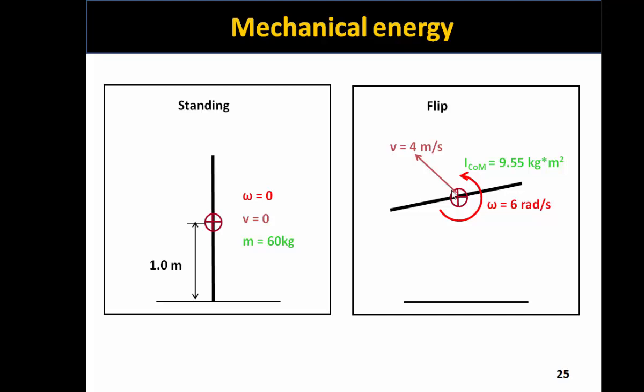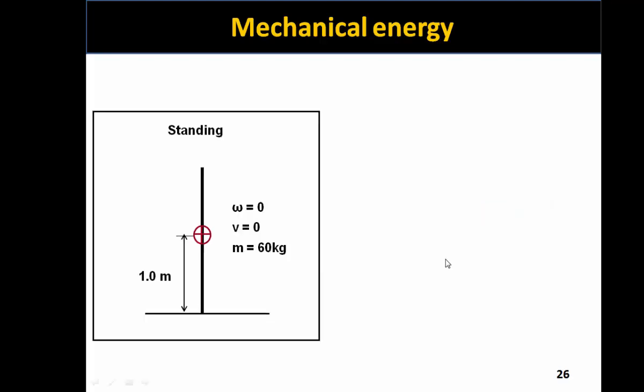So we are only going to consider vertical motion here. The gymnast has a vertical velocity of 4 meters per second. The moment of inertia about the center of mass was provided to us at 9.55 kilogram meters squared. And the angular velocity, once again, is provided at 6 radians per second with a final position of 2.2 meters.